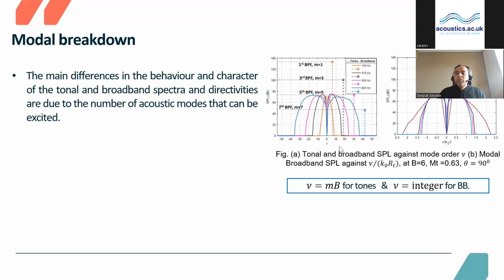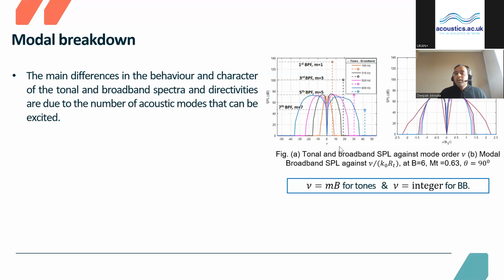That means the broadband noise is distributed over a wide range of modes. And as you increase the frequency, the number of modes that contribute to the overall broadband noise goes on increasing.